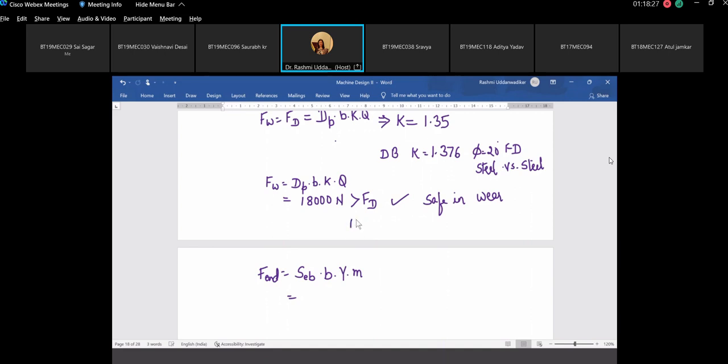So this is safe in wear if the Brinell hardness number for gear and pinion is 300 each, or it is 250 for gear and 350 for pinion. This you have to mention.